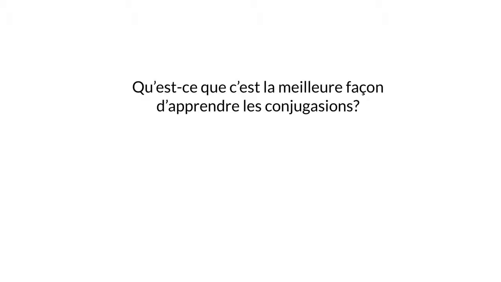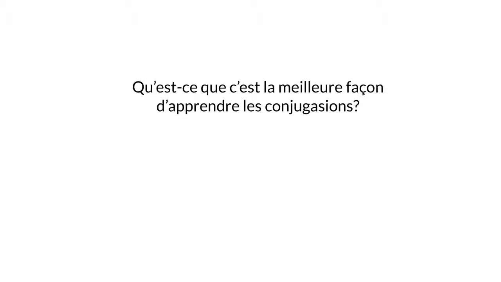The final topic that I'd like to touch on before ending this video is the best way to learn these conjugations because they can be really hard. In my opinion, the best way is just to learn them as lists, but also look for all the patterns.